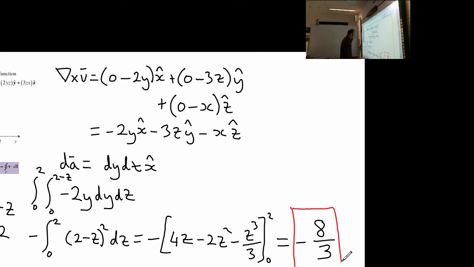Now what we must do is work out the integral around the path of v dot dl. Okay, so first of all, what does v dot dl give us?